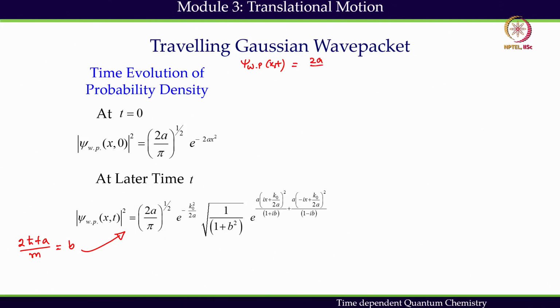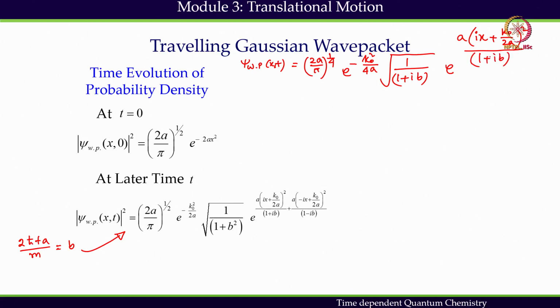It is going to be (2a by pi) to the power 1 by 4 e to the power minus k naught square divided by 4a, then square root of 1 by 1 plus ib, and then e to the power a (i x plus k naught by 2a) whole square divided by 1 plus ib.